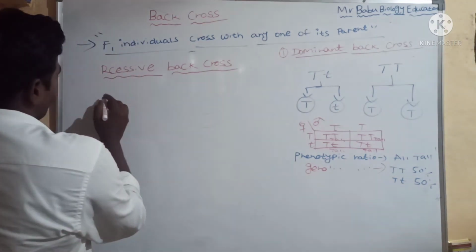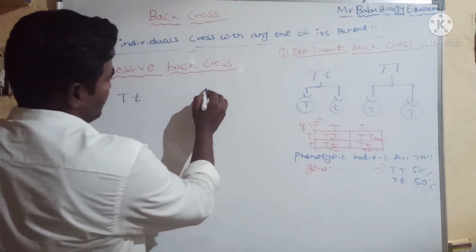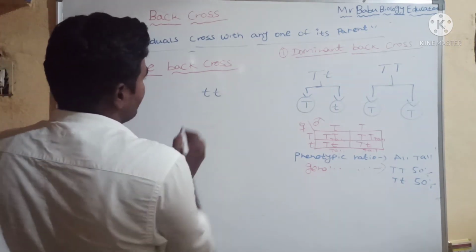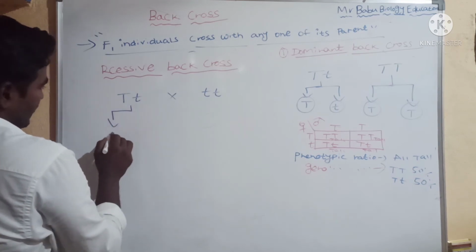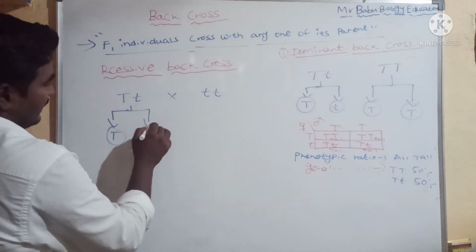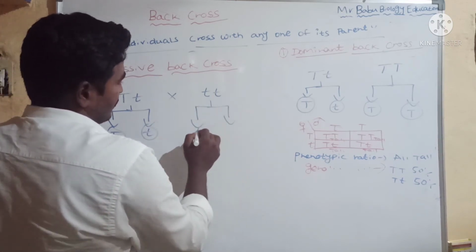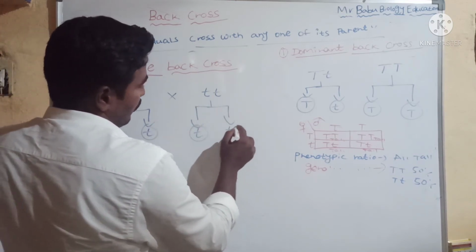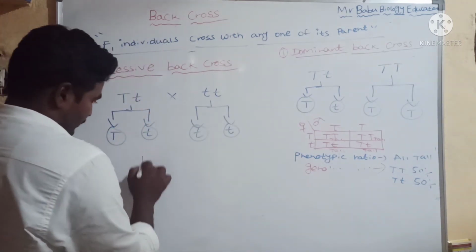If we see the recessive backcross, this is the heterozygous F1 individual and this is the recessive parent. They release the gametes capital T and small t, and the gametes small t and small t.